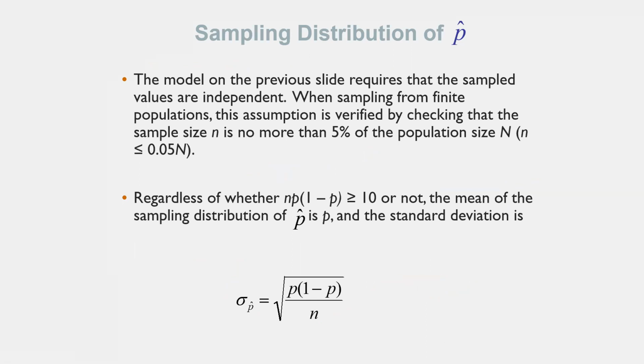Don't worry about this next part for a check, but realize the model on the previous slide requires sample values to be independent. If you have a finite or really small population, you never want to sample more than 5% of it, because then your samples are not independent anymore. Regardless of whether the number checks out, the mean will always be p and the standard deviation will always be this formula.